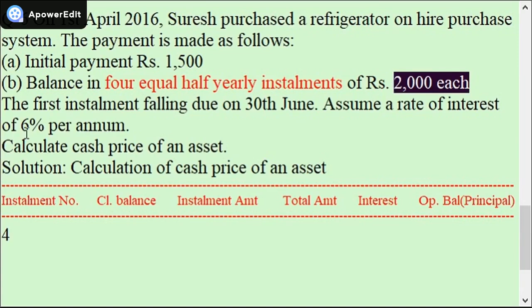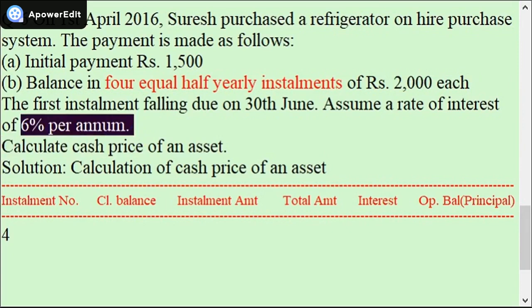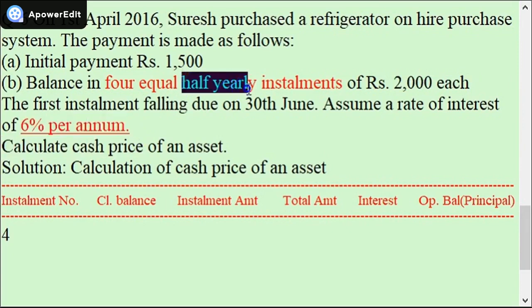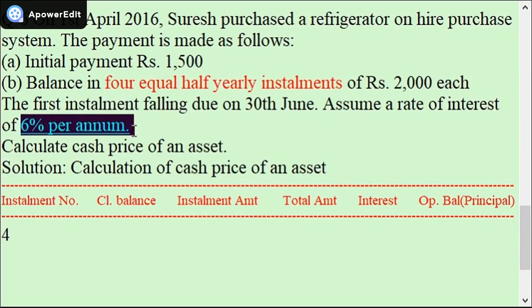The rate of interest is 6% per annum. You are paying interest half yearly, so this interest should also be converted accordingly. So it will be 6 divided by 2, 3% will be the effective rate of interest for calculating the interest component which is included in the total amount. So let's begin.